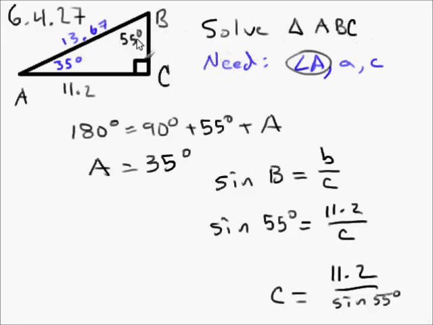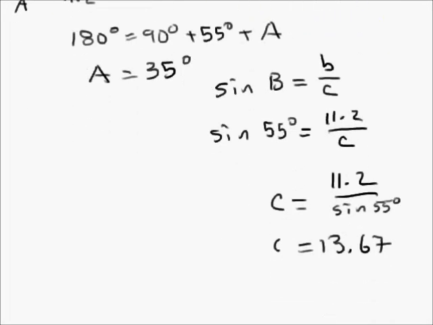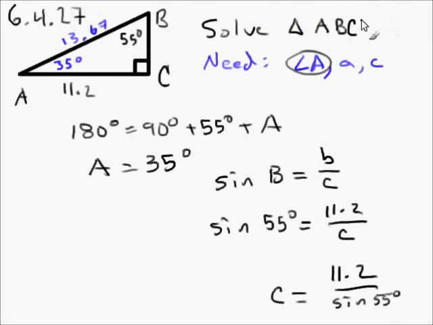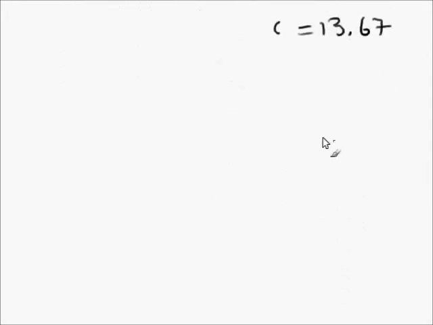All that's left is to find side a. We could use the Pythagorean theorem, but this isn't really a Pythagorean theorem section. So let's go for cosine of B. Cosine of B is equal to a over c.